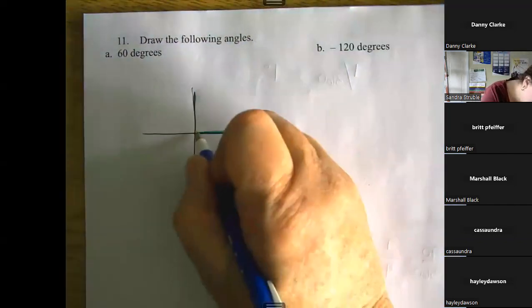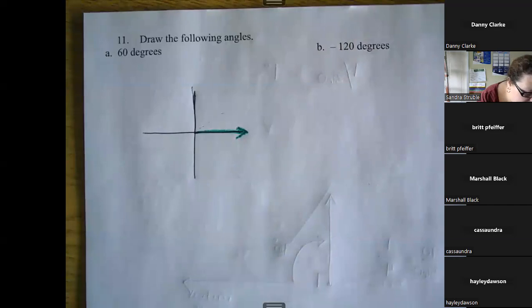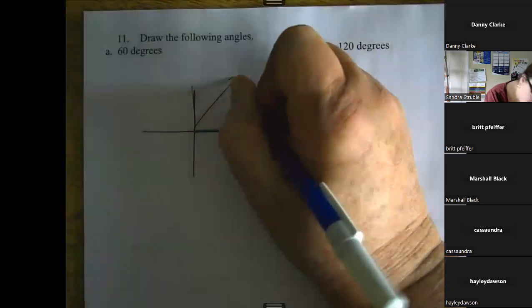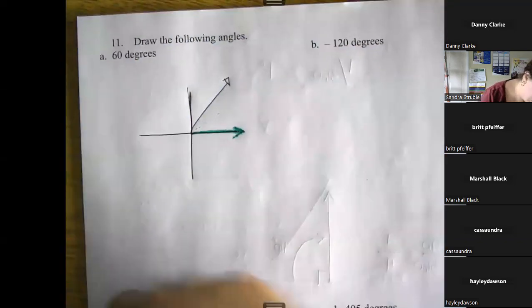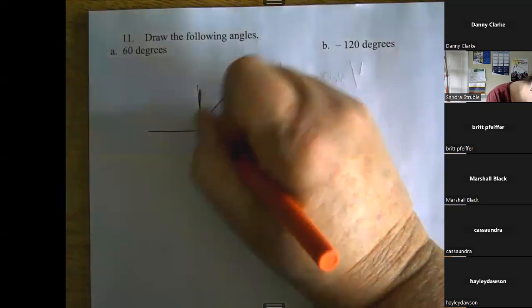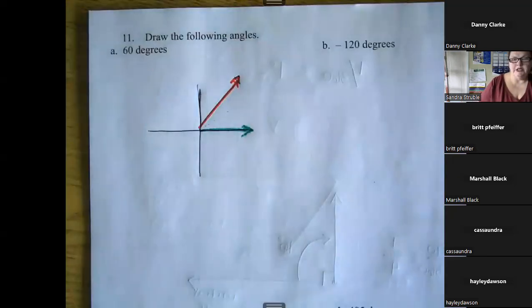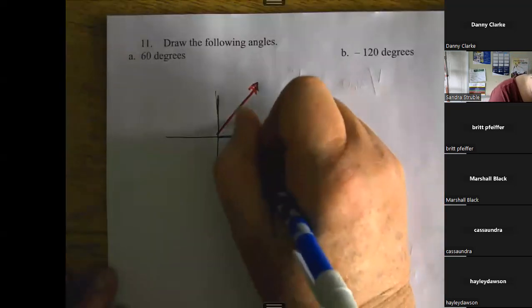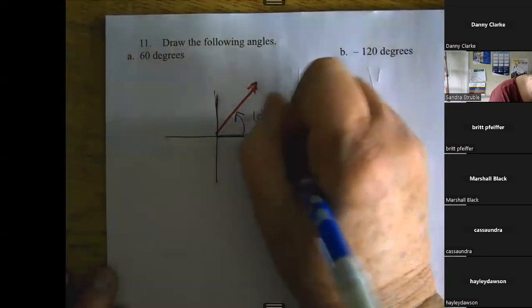If it was directly halfway in between, it would be 45, because half of 90 is 45. So it needs to be just a little bit past halfway. And that's going to be my terminal side. This is just sketching. It's not going to be actual. So from initial to terminal is 60 degrees.